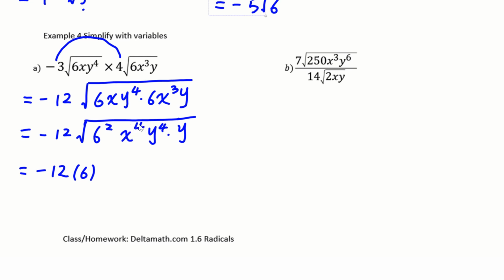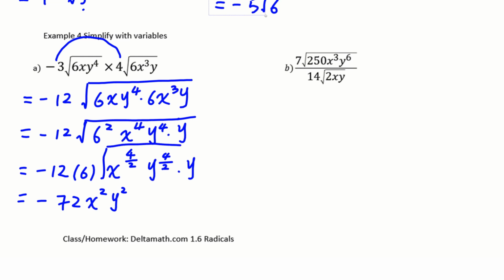And square root of x to the exponent 4 is divided by 2. And y, take it out, 4 divided by 2. Then times y. So negative 72 x squared y squared is just the square root of each of them. And for the y, we are not able to square root it, so we leave the y there. If it's squared, it's the same as the degree divided by 2.